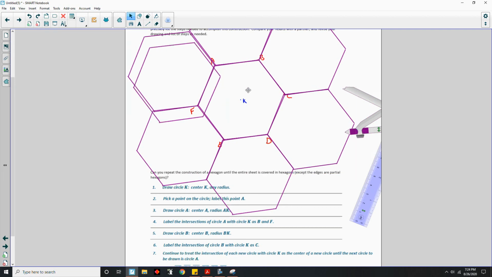So if I had this partial, and I put it right here, and this was the wall, then that's what it means by there would be partial edges. The edges are partial hexagons. So like right here, this would be a hexagon, but it ran off the paper. So if you were tiling and this was your wall, you would cut the tile so it would fit tightly up against the wall.